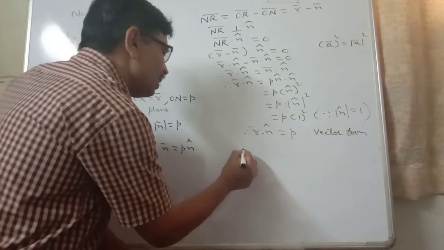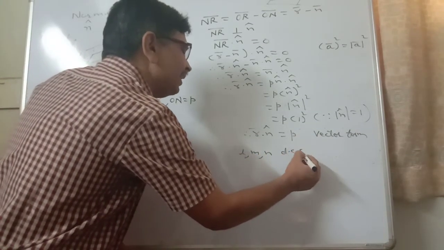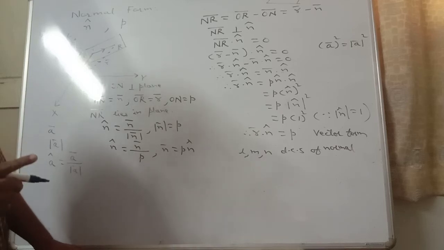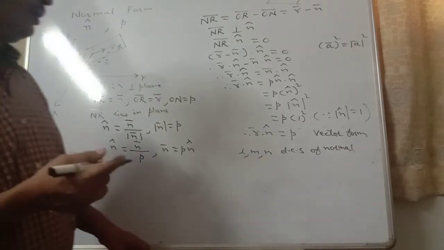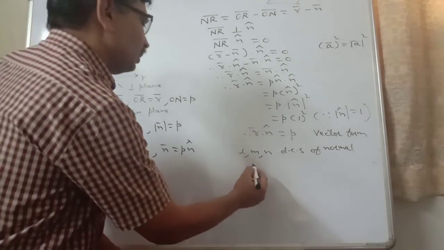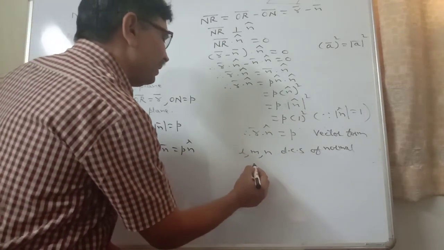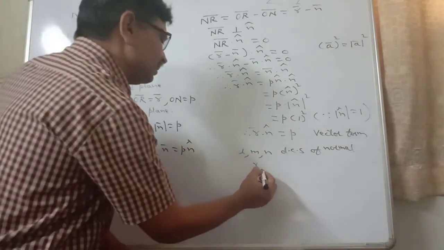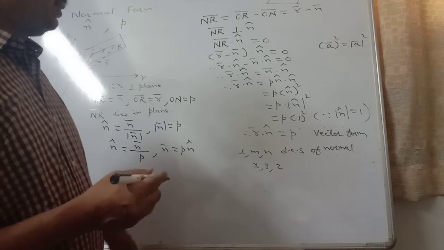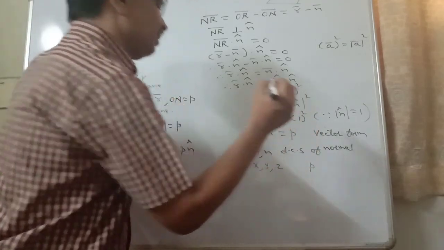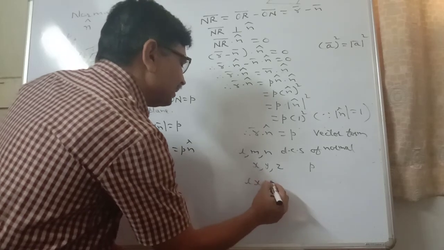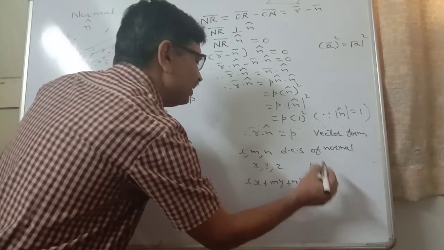If l, m, n are direction cosines of the normal to the plane, normal to the plane meaning perpendicular to the plane, and if we know the coordinates of any one point in the plane, suppose x, y, z, and p is the perpendicular distance of the plane from the origin, then we get lx plus my plus nz equal to p.